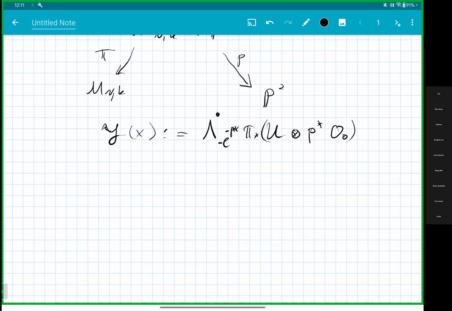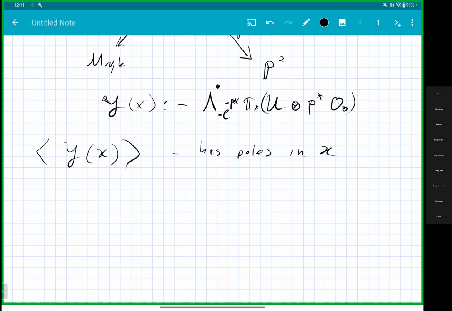So the first observation is that if we take the expectation value of Y(x), it has poles in x, and if we want to get the relation to the spectral curve, which was just a polynomial equation with a polynomial of degree n in x, we want something without poles first.